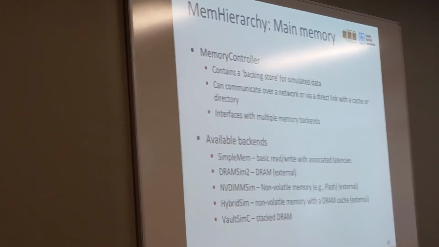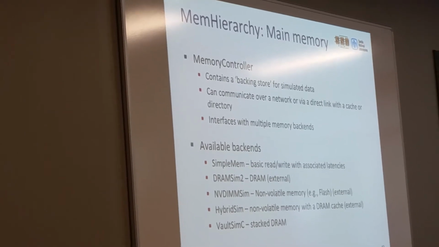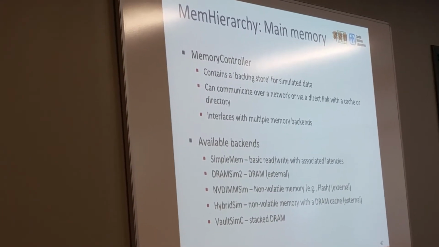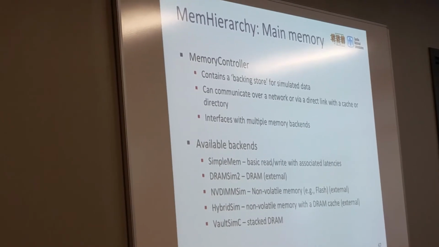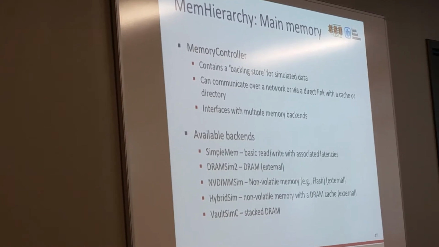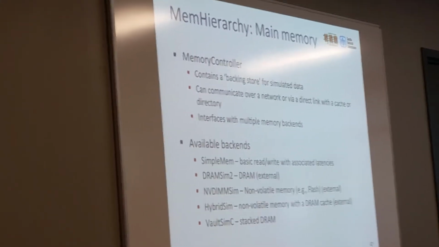So in general, mem hierarchy is the meeting place of the main memory and the processor models. It provides you the ability to create an arbitrary depth of cache hierarchy connected with different topologies and network on chip, and the ability to choose from either one, multiple, or heterogeneous memory backends.